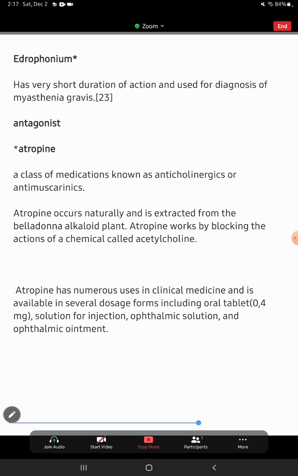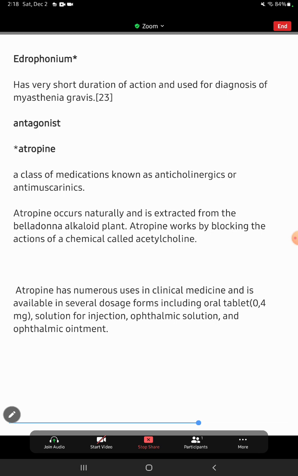Antagonists are a class of medication known as anticholinergics or antimuscarinics. Atropine occurs naturally and is extracted from the belladonna alkaloid plant.